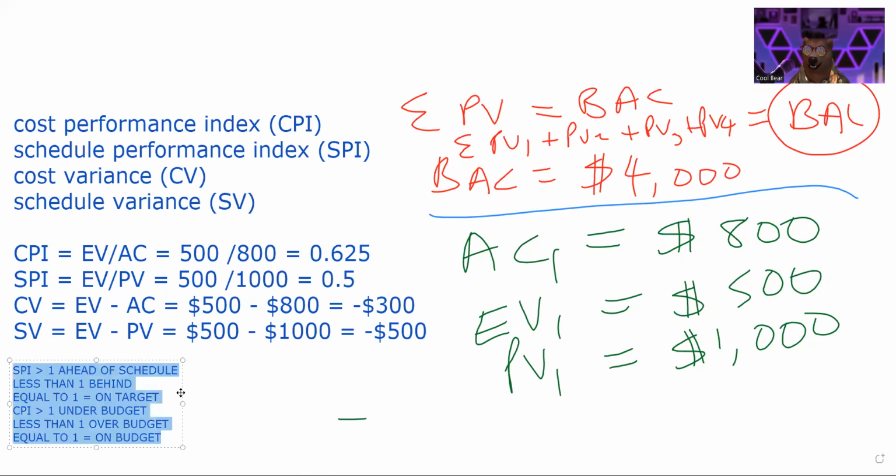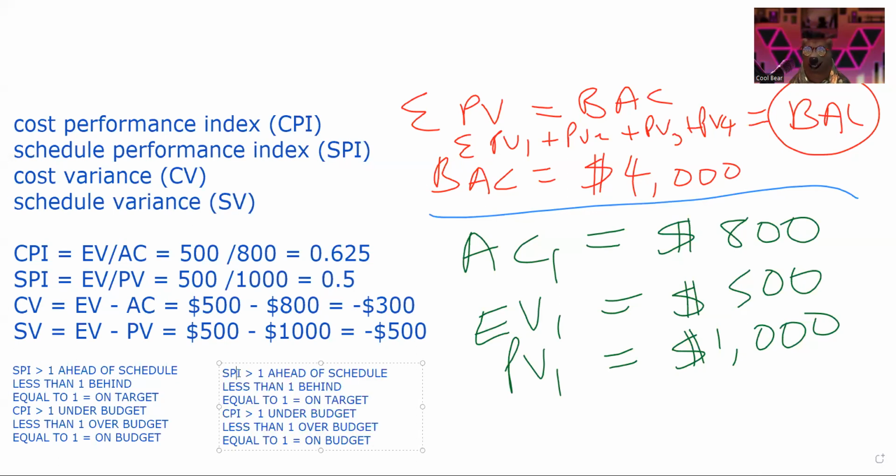In the same vein, when it comes to our variances, we could have similar guidance and say, when the schedule variance is greater than 0, you hit schedule. When it's equal to 0, you're right on target, or you could say on schedule if you wish.